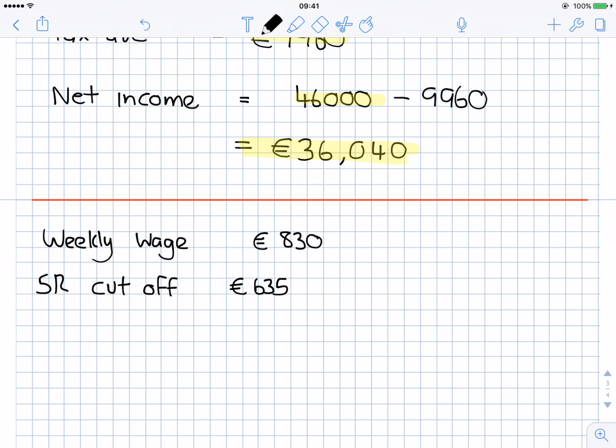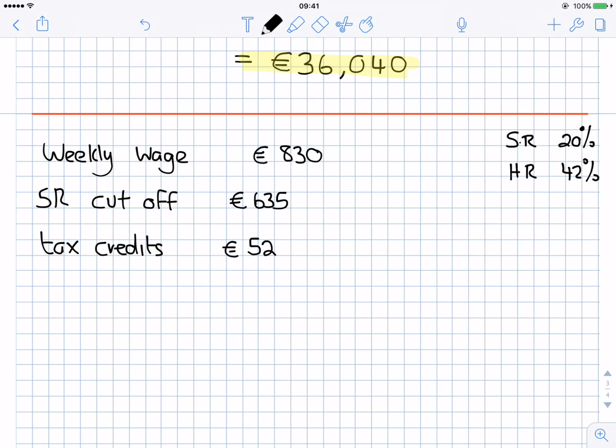He's got tax credits amounting to €52 every week. And we'll just note over here that the standard rate of tax is 20% and the higher rate of tax is 42%. Okay, in this question we just want to find out how much tax he has to pay each week. So how much tax is he paying each week?